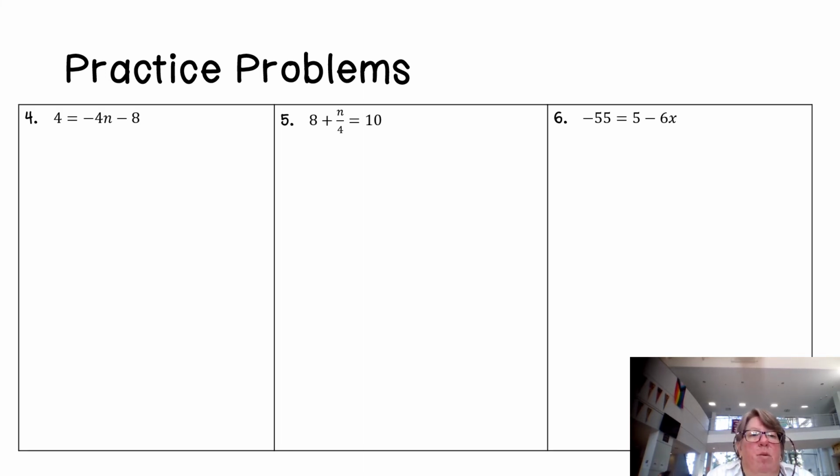So problem number 4 is 4 is equal to negative 4n minus 8. Don't let the fact that the variable is on the right side confuse you. It's the same process. We want to get that variable term alone. So we need to get rid of this minus 8. So we use inverse operations, and we add 8 to both sides.